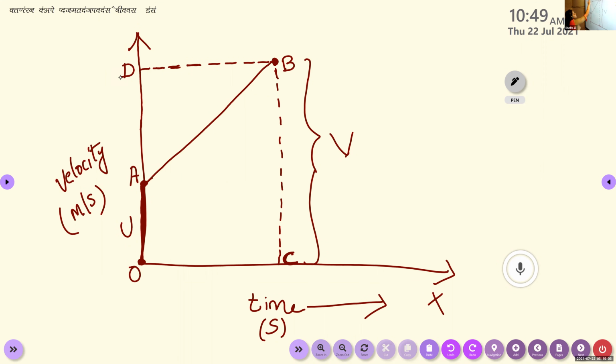In your textbook, it is not D, so we can take it as E. Here it is E, not D. And here we also draw another line that is parallel to the time axis, and you can mark it as D. So this is the complete graph that we need to derive the three equations of motion.